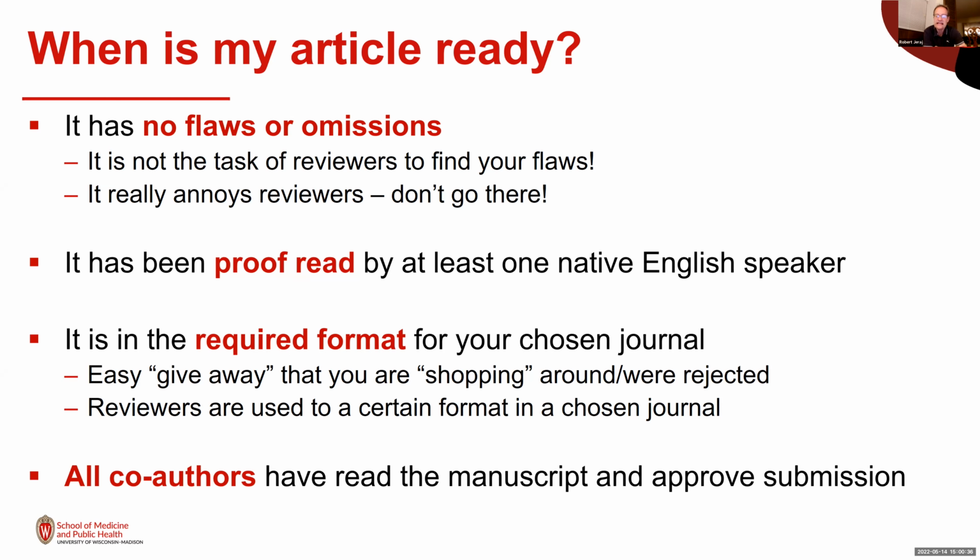That's an easy giveaway that you're just shopping around after being rejected elsewhere. Journals have their own reviewer base, and they are typically very familiar with the journal's style. So when you submit, you should conform to the style of the particular journal.